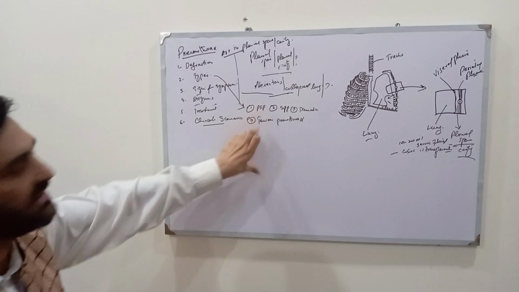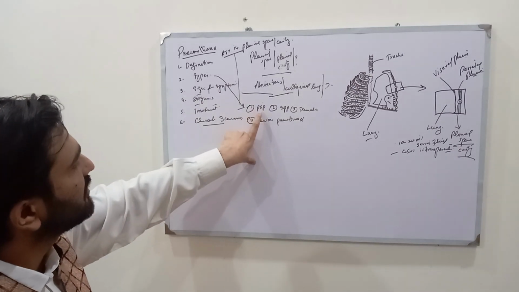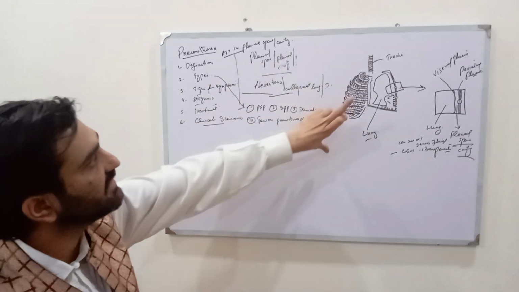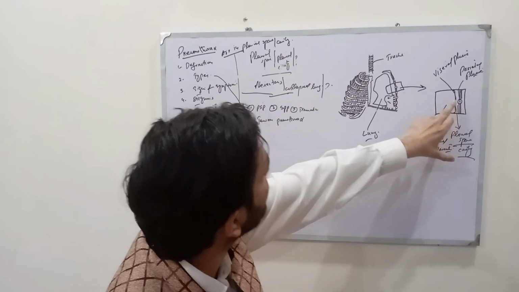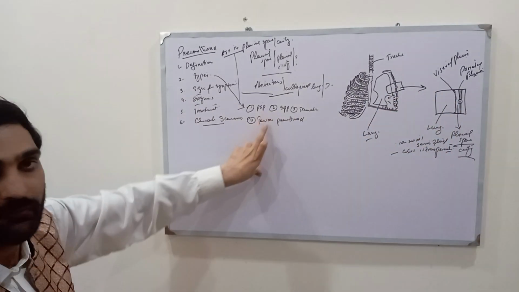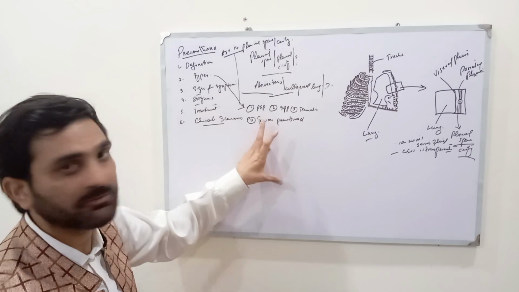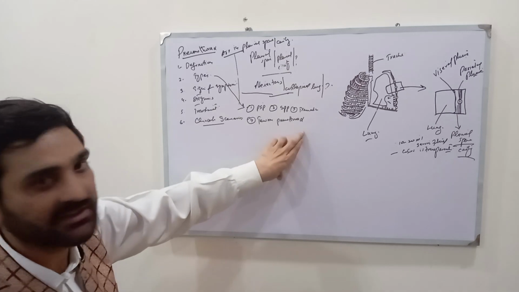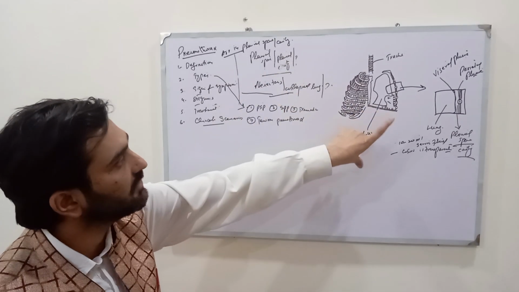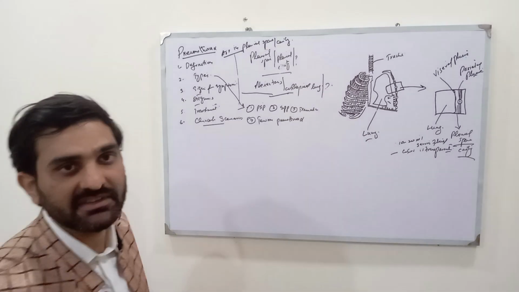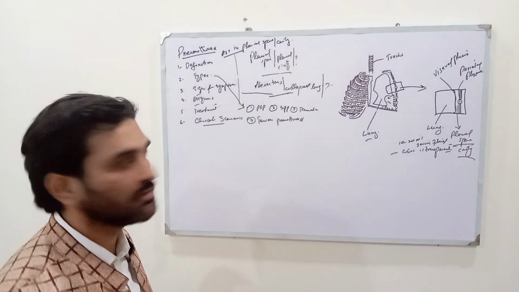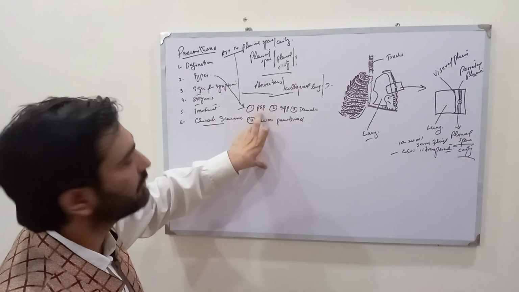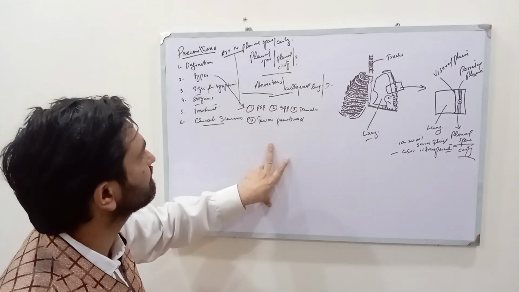So what is primary spontaneous pneumothorax? Primary spontaneous pneumothorax occurs when air accumulates in the pleural space or pleural cavity without underlying pulmonary disease. Air accumulates in the pleural space, but there is no underlying pulmonary disease, then we call it primary spontaneous pneumothorax.